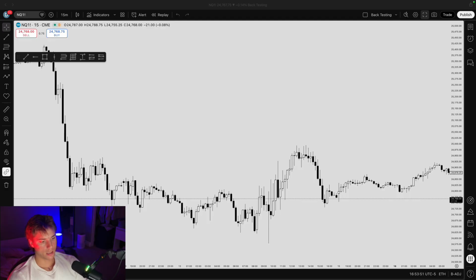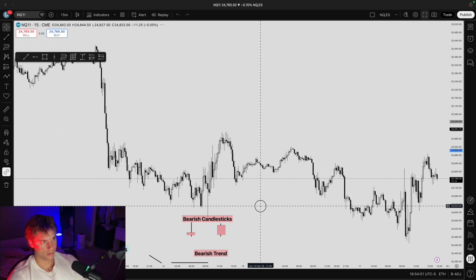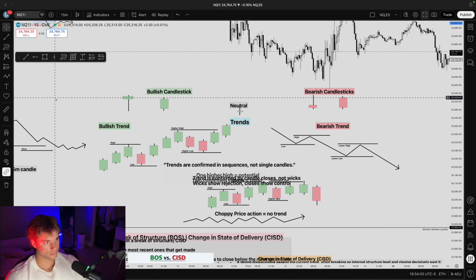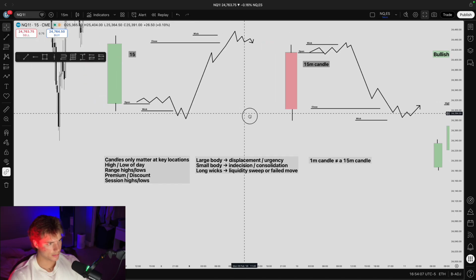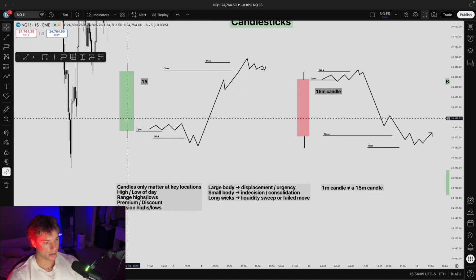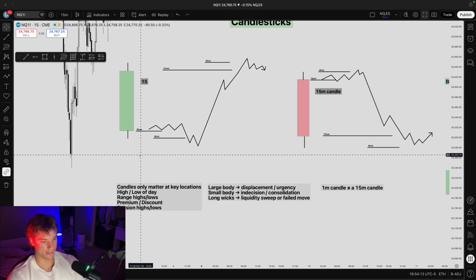So a long bullish body is going to be strong buying pressure. Long bearish body, if we go back to what we were just on. So, long bullish body, strong buying pressure means market wants higher prices.